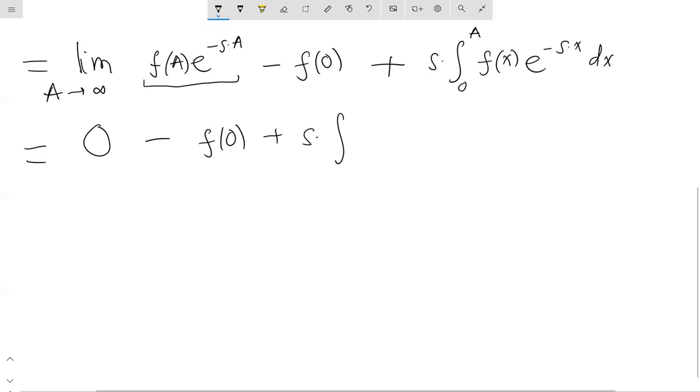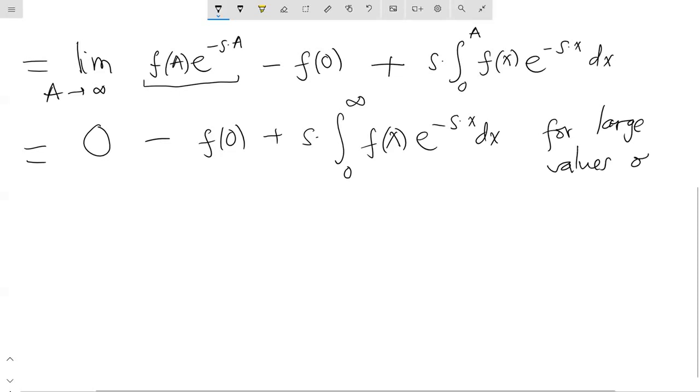When a goes to infinity, we actually have the integral from 0 to infinity of f of x e to the minus s times x dx, for large values of s, meaning that s must be bigger than some value depending on f. We don't have the explicit formula for f, so we just say large values of s. But what is this expression?